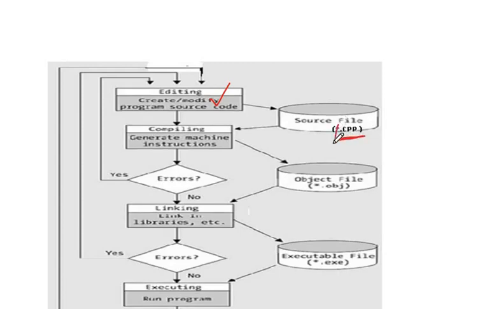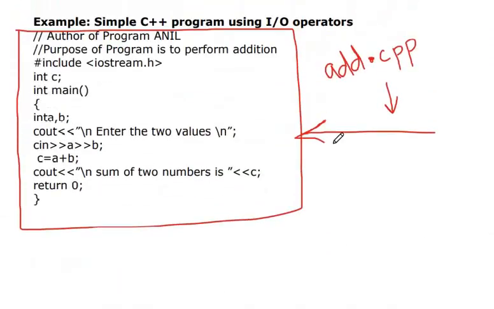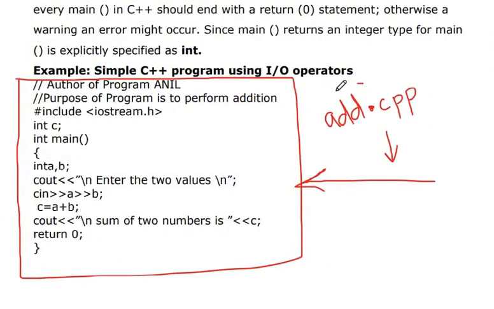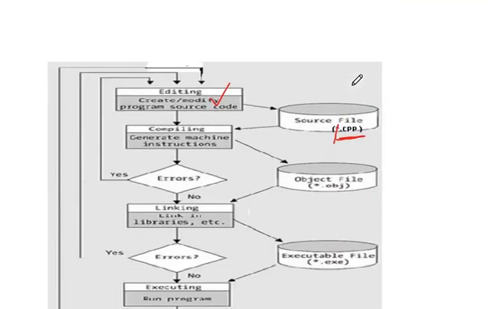In the place of the star, you can write any valid name. In the previous program, the name of the program is add, so we have written add.cpp. This source program is given as an input to the compiler.